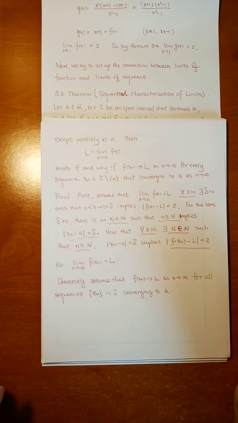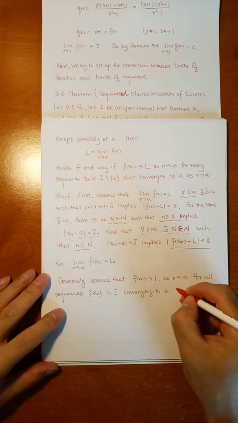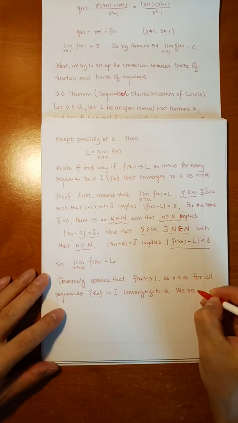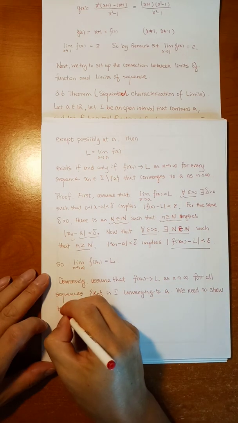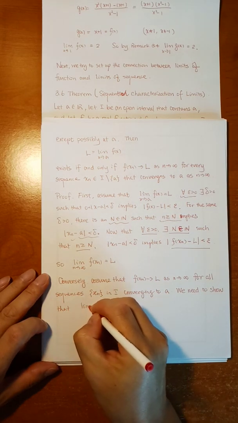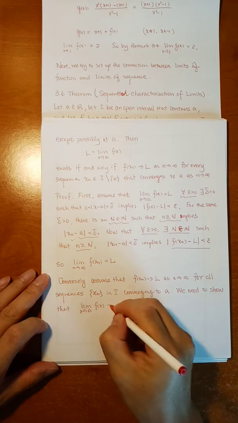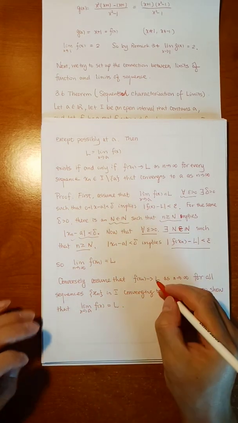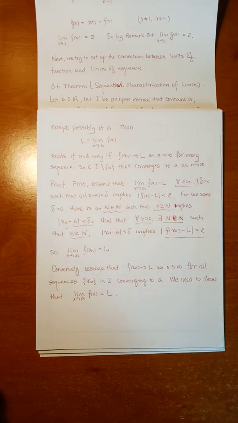Okay, that's good. Now we need to show that the function f(x), as x approaches A, is equal to L, the same L. Well, we're going to prove it by contradiction.